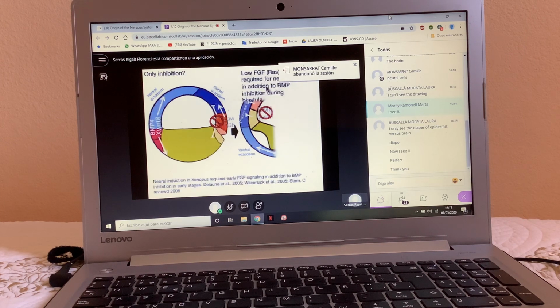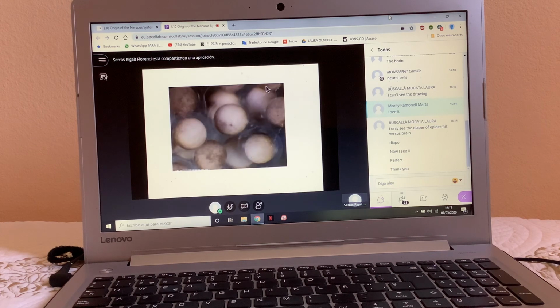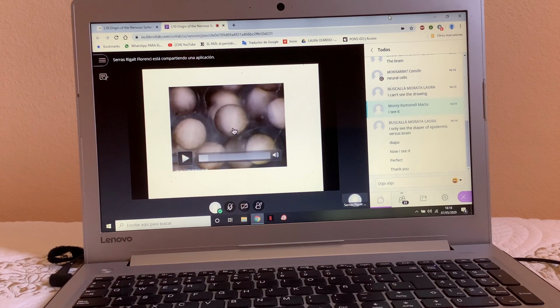So if you allow me to go back to the movie, okay? I hope you see the movie. Now this was the plate. So here we go. Now I'm going to stop it when you see it. Okay, so that's the neural plate.